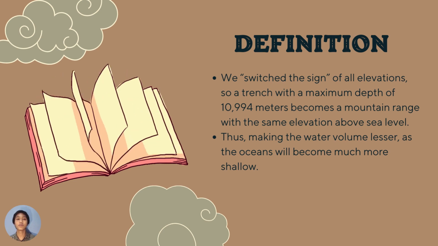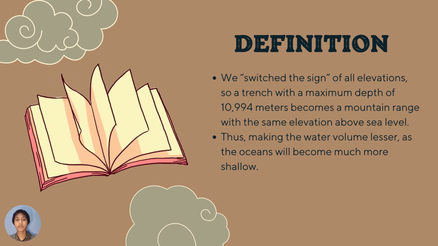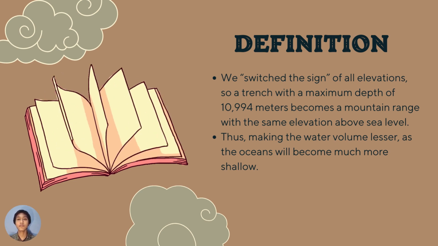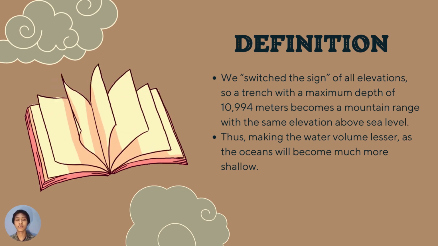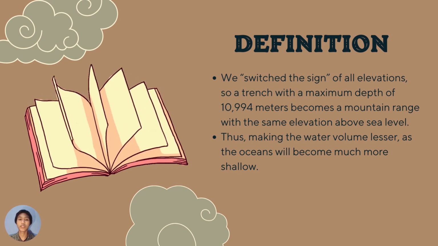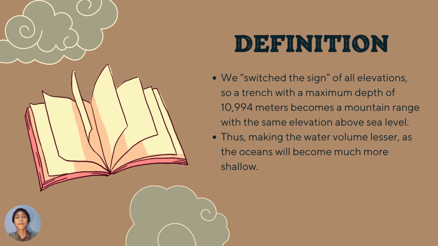Before we jump into the analysis, we will go with the definition first. To minimize the disagreement and confusion as to what switching Earth's land and oceans ratio means, here we will straighten that out.